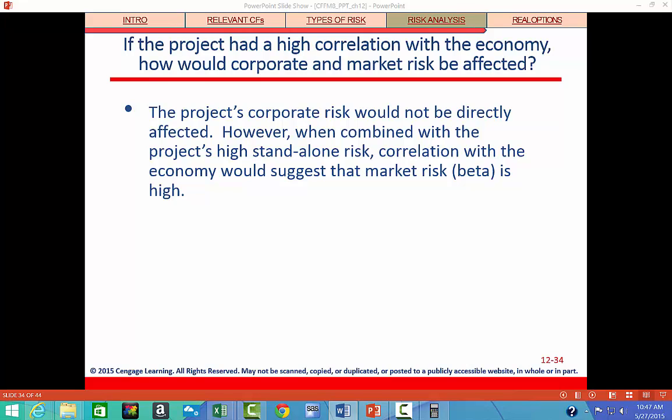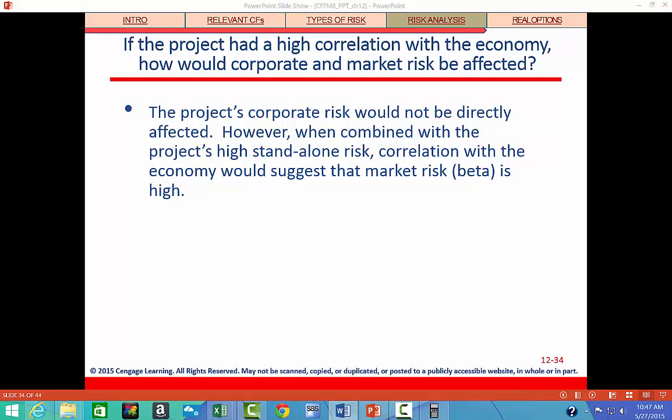However, if the project's cash flows were expected to be totally uncorrelated with the firm's aggregate cash flows, or positively correlated but less than perfectly positively correlated, then accepting the project would reduce the firm's total risk, and in that case, the riskiness of the project would be less than suggested by its standalone risk.